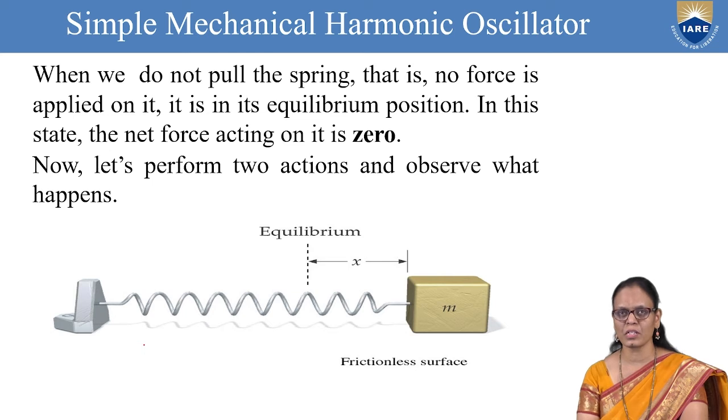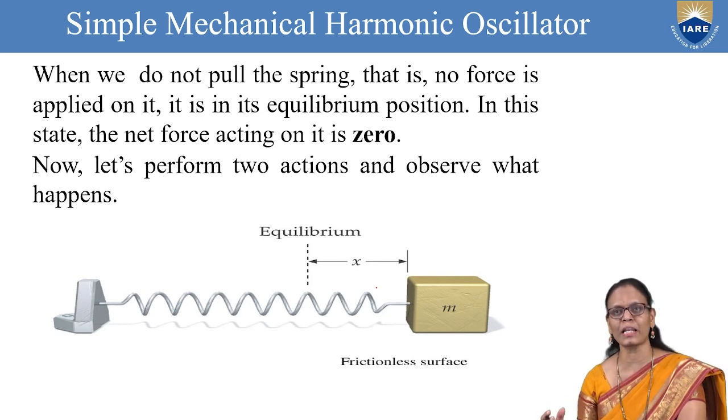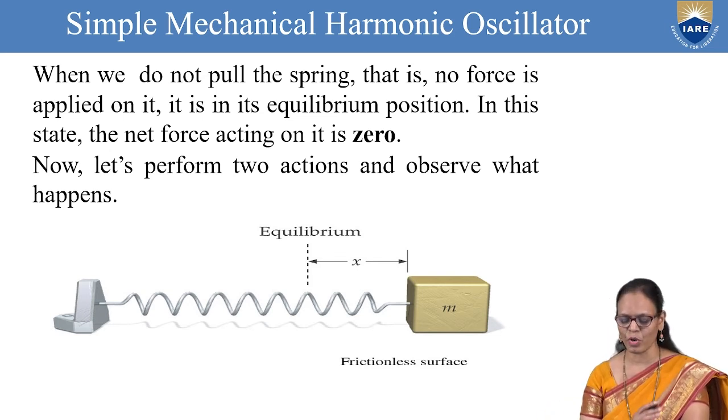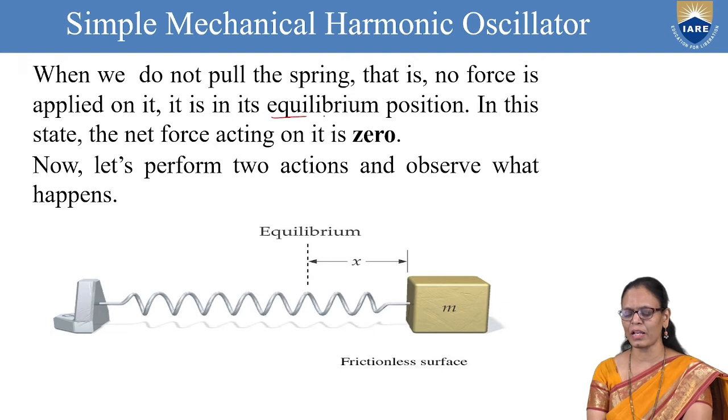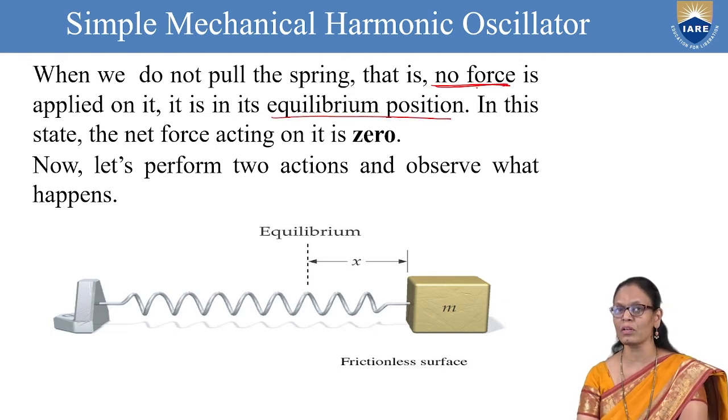Now, the first point we understand: when we do not pull the spring, that is, there is no force applied on it, it is in equilibrium position. We have just attached the block and left it, which means we are not applying any force. We are neither pulling it nor pushing it. Then the object is in equilibrium because there is no force acting on it.